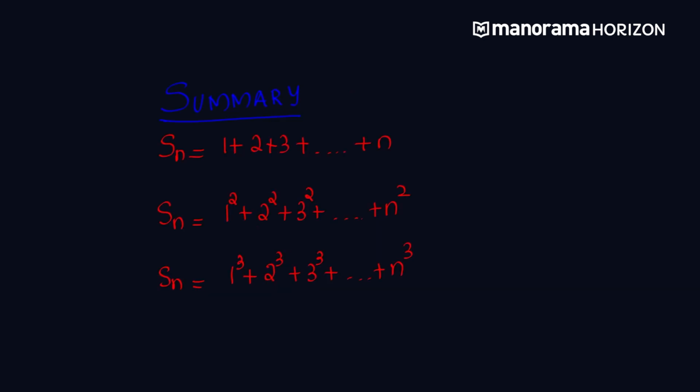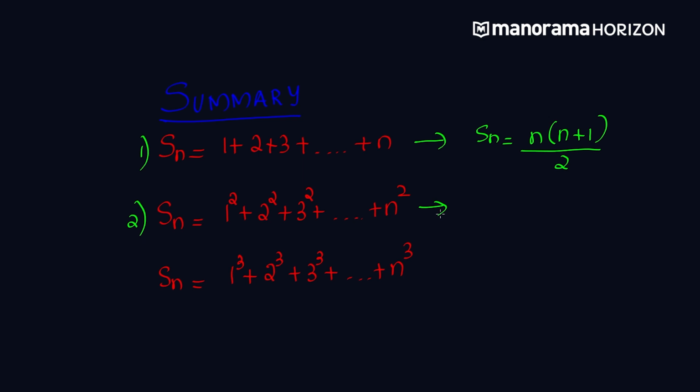So we have mainly learned about three series. The first one is Sn equal to 1 plus 2 plus 3 plus up to n, which is given by Sn equal to n into n plus 1 by 2. This is the sum of the first n natural numbers.